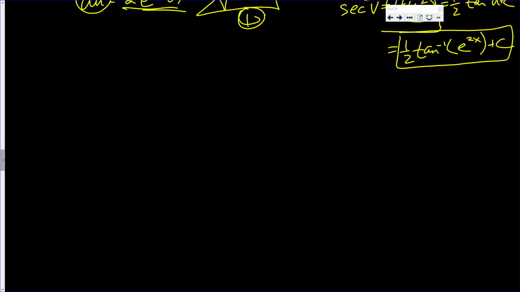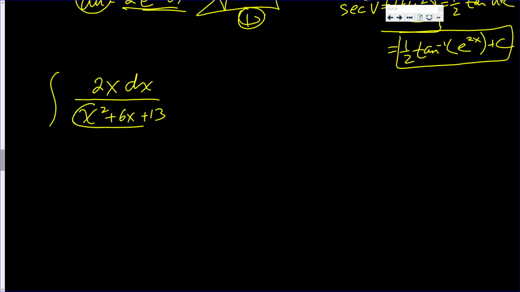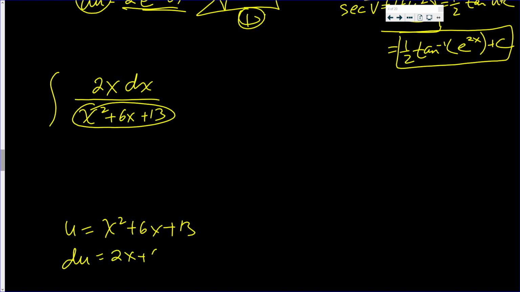How about this problem? The integral of 2x dx all over x squared plus 6x plus 13. Now, if you let u equal x squared plus 6x plus 13, well then du will be 2x plus 6 dx.